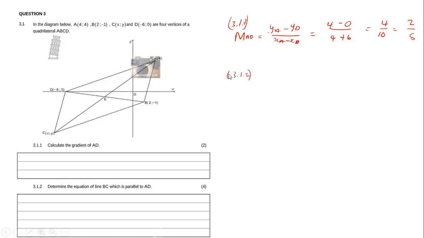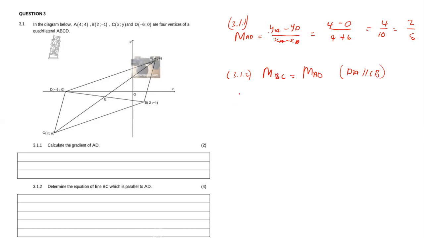So that means the gradient of the very same line that we want, which is BC, is the same as the gradient of AD. Why do we say that? We give the reason: DA is parallel to CB, because those lines are parallel.